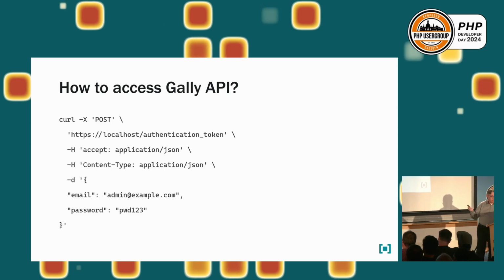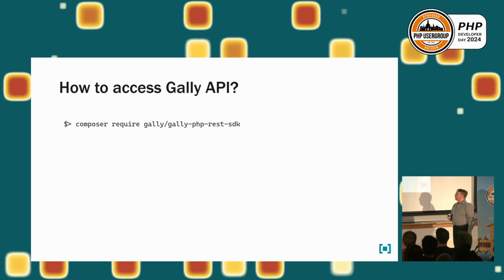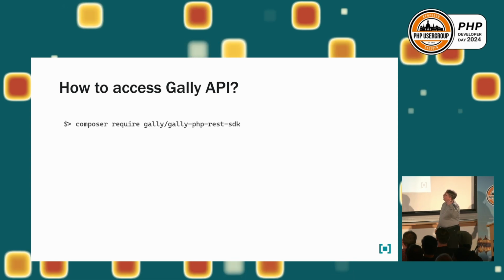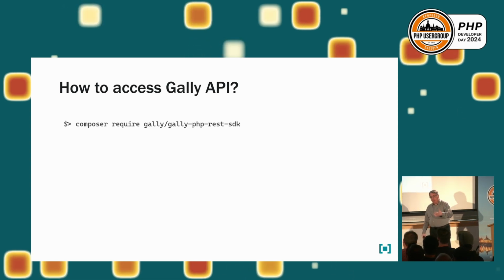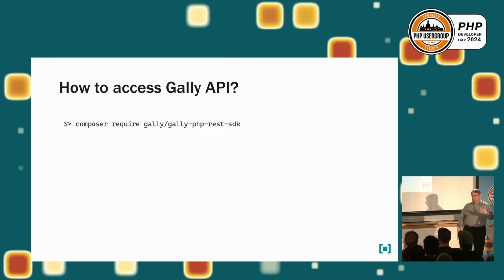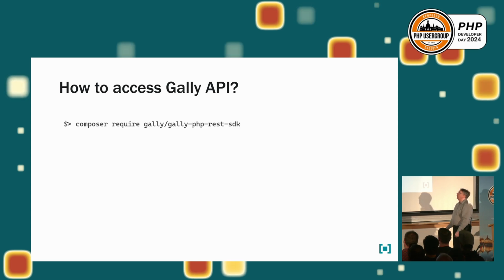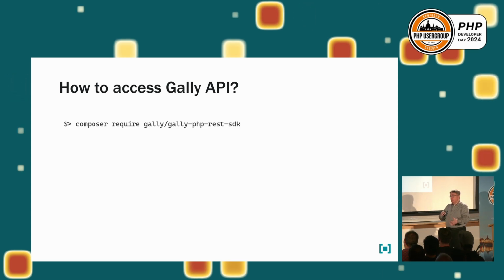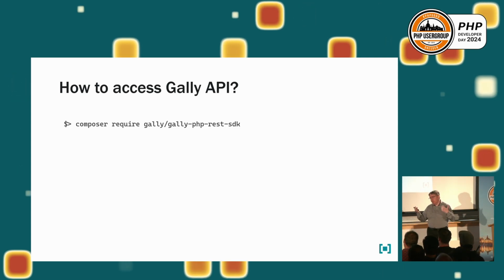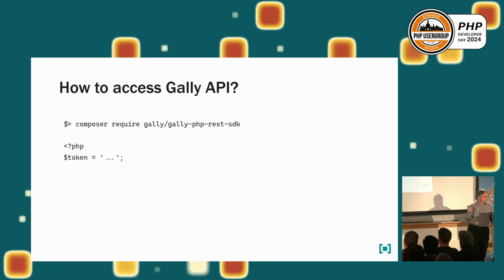Or if you want to integrate this in your PHP application, there is actually a client SDK for the REST API, generated based on the Swagger configuration that is available for the specific Galley version. That way, you have some relatively nice objects that you can interact with, and you don't really care about the API endpoints.